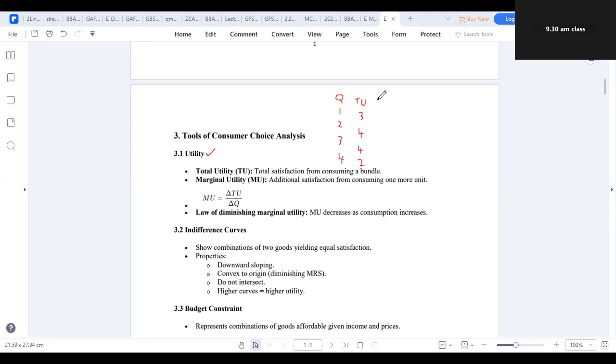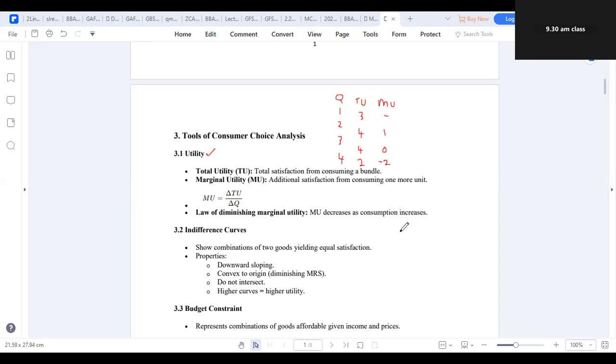So the marginal utility is the additional utility that you're having. From 3 to 4, we added 1. From 4 to 4 is 0. From 4 to 2 is -2. So this follows the law of diminishing returns, that as you add one more unit, it will increase at a decreasing rate.